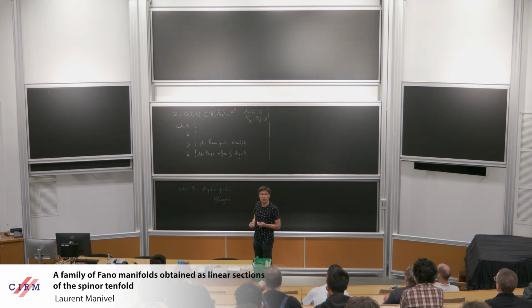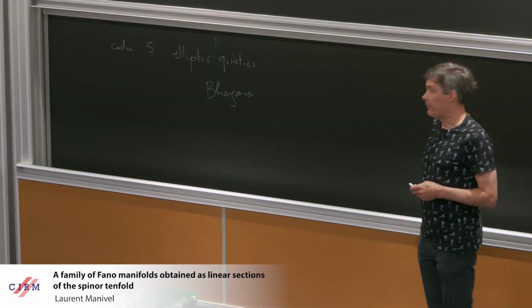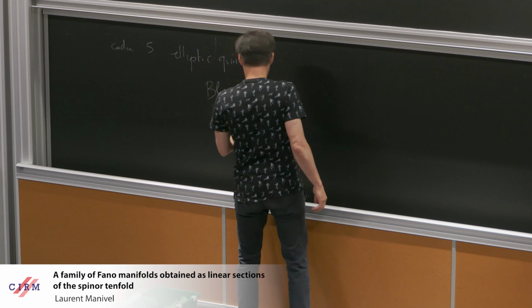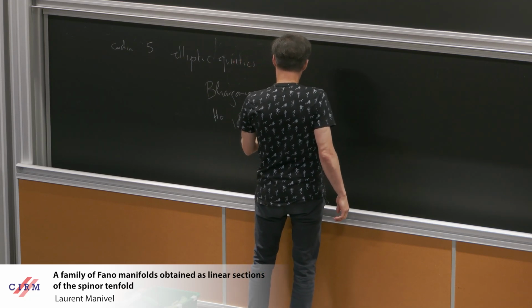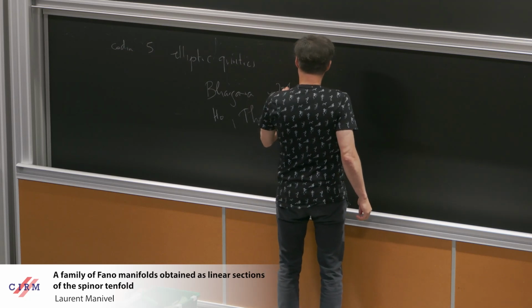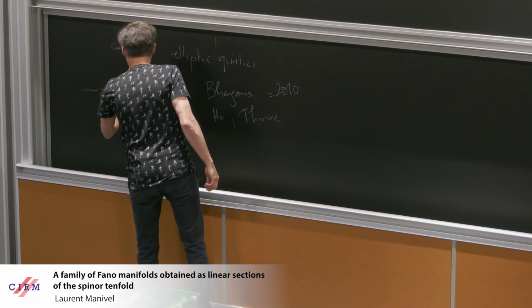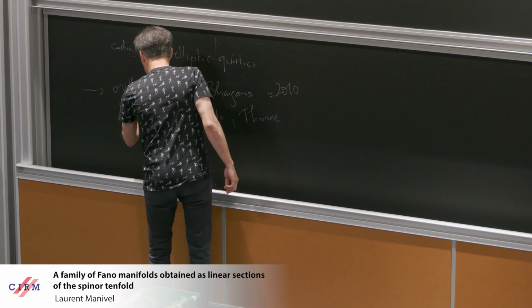So this was a very powerful tool that Bhargava used to get his famous results on the statistics of arithmetics of elliptic curves. I should mention Bhargava and his collaborators, Wei Ho, Jack Thorne. They studied this around 2010. So this led to what is sometimes called arithmetic invariant theory.